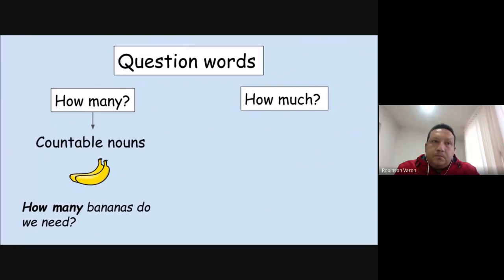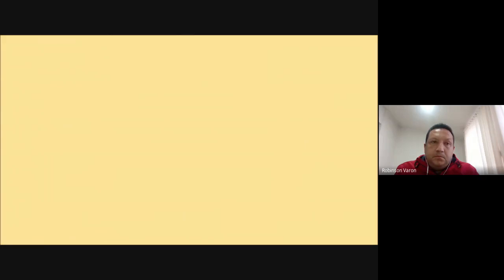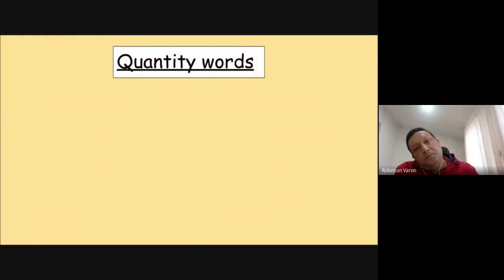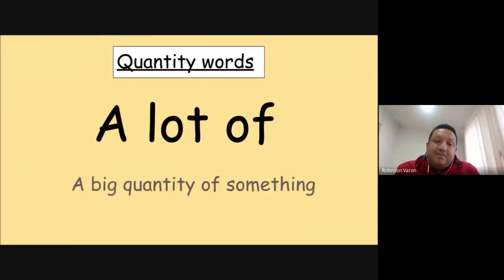We use how much for uncountable nouns. For example, how much milk have you got? We can't exactly count milk, so how much is the way to go? So how do we answer these questions? With quantity words. Our friend a lot of is going to help us. It means a big quantity of something.